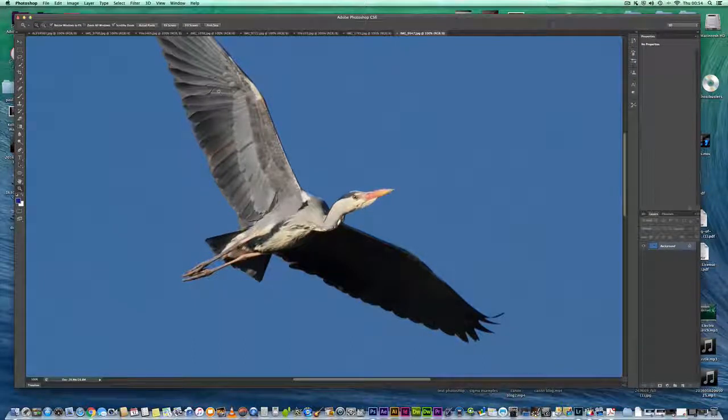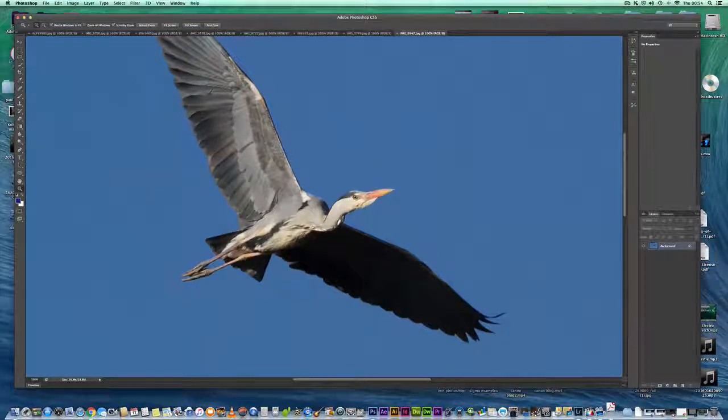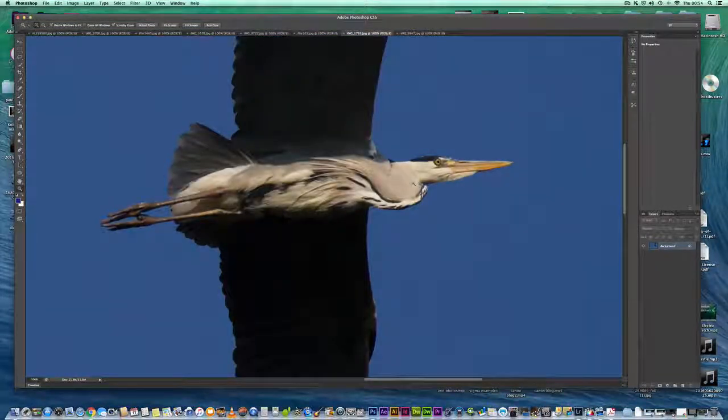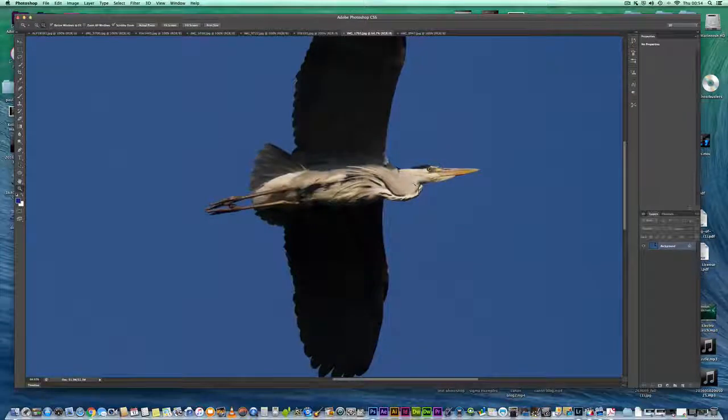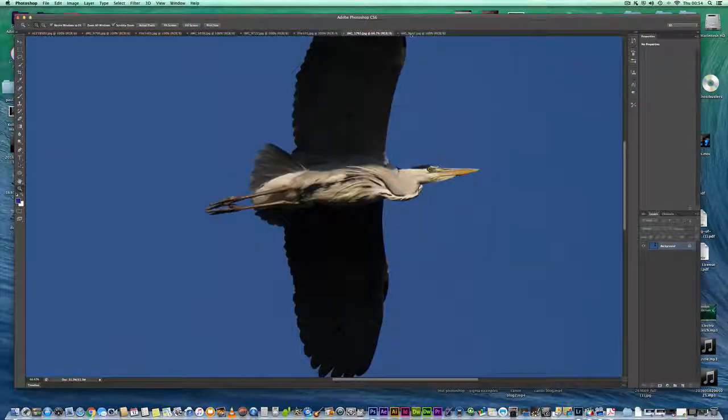Now I think most of the focus is on the wing here, unfortunately, and not on the eye. It would have been a lot better if it was, so you could have a clear indication of which is sharper. Obviously it is a bit smaller, so we could possibly zoom out on the Sigma lens to get similar magnification.